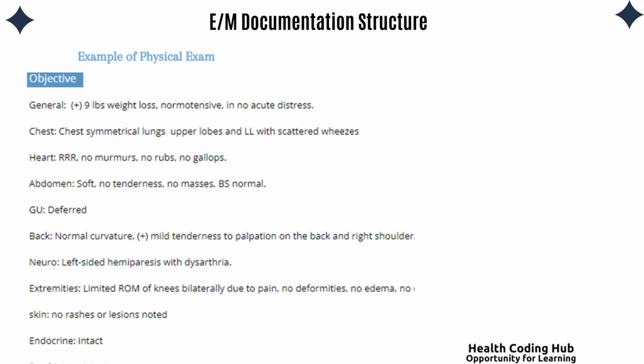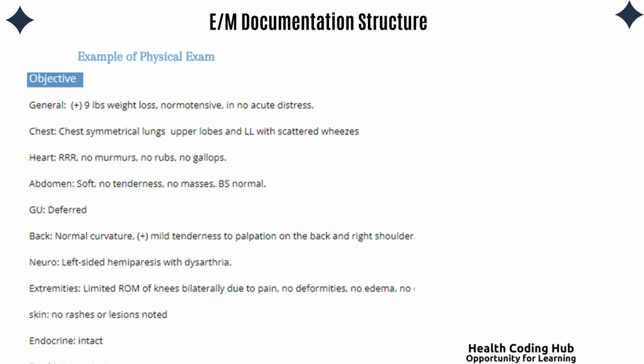Here we can see an example of the physical examination: general, IBS, weight loss; chest, symmetric; lungs, heart, no murmurs; abdomen soft; GU deferred; back normal; neuro, left-sided hemiparesis; extremities, limited range of motion of knees; skin, no rashes or lesions noted; endocrine intact.